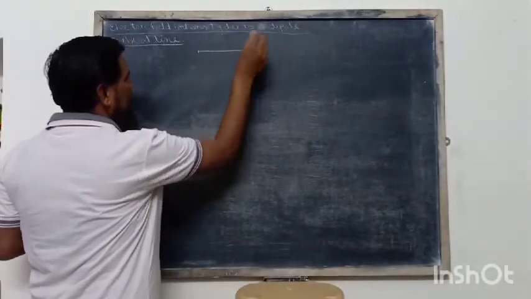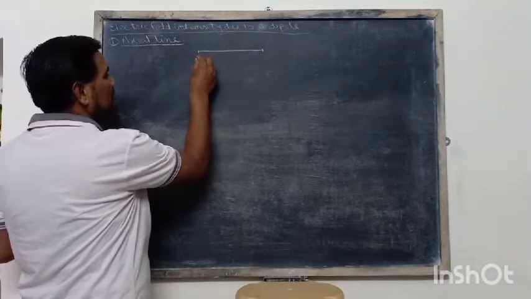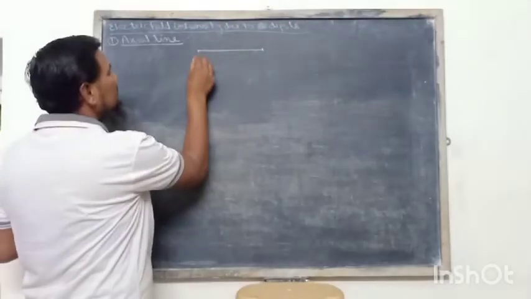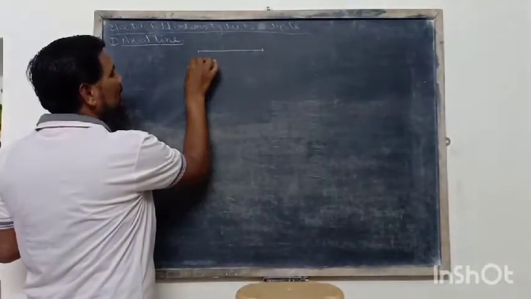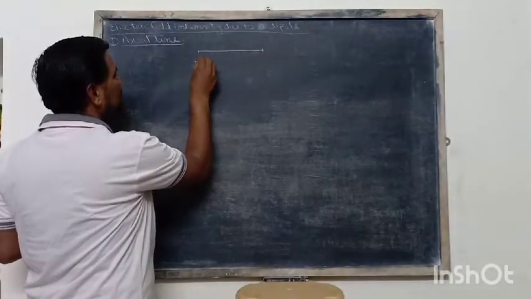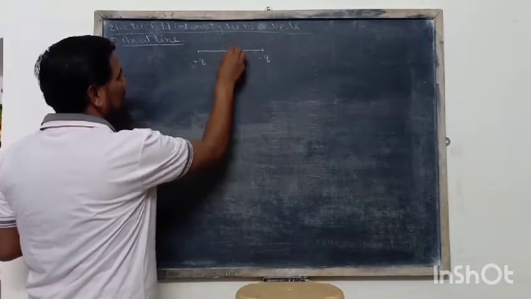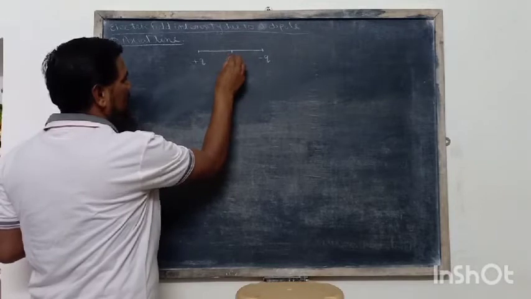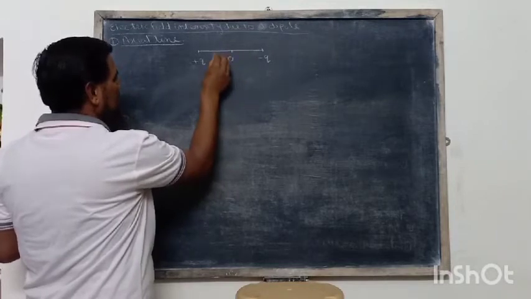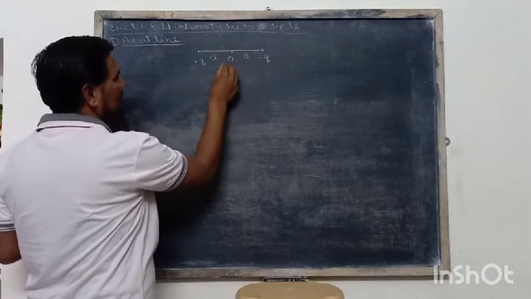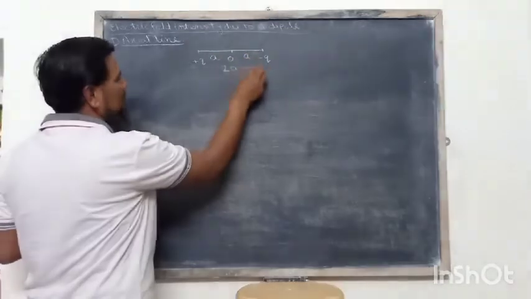and we know that a dipole contains two equal and opposite charges, plus q and minus q, and the midpoint of the dipole is O, and the distance of each charge from the midpoint is A, and the separation of the charges is 2A.